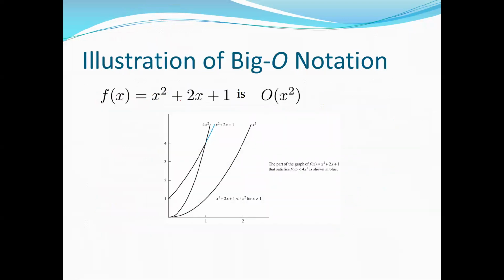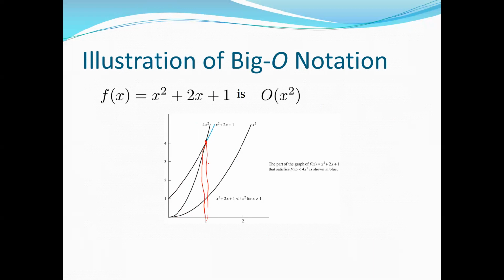So f of x is x square plus 2x plus 1. You can see this is the graph of x square. X square plus 2x plus 1, this one is the graph, right? This one is the graph. And this is the graph of x square. And then this is the graph of 4x square. And now you see after this point where k is 1, after this point, I'm sorry, this line is not correct.